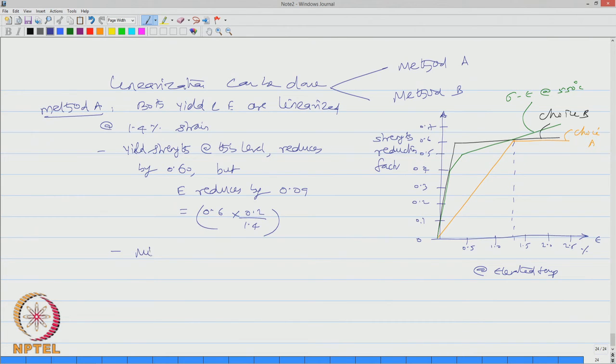Therefore, there is a mismatch between Young's modulus and yield strength at this value of 1.4% strain.